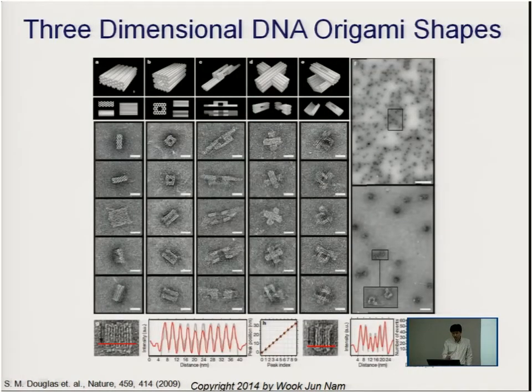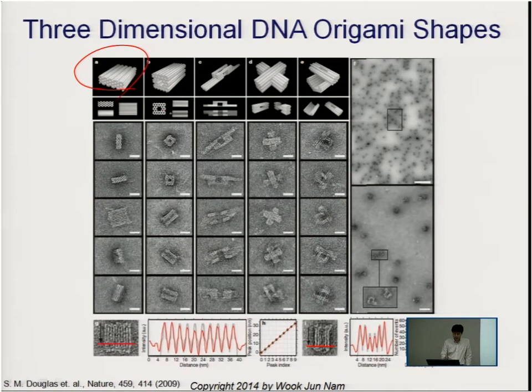And like Lego, we can make multiple different structures. In this case, we have empty holes, empty tunnels in these structures, and then we can make much more complex structures as we want.